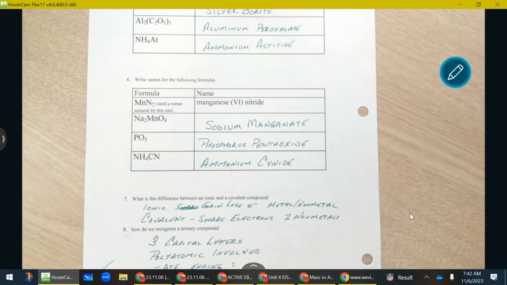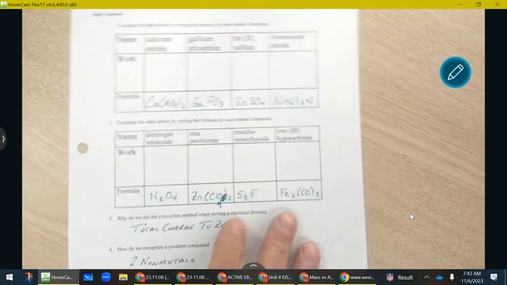So, ladies and gentlemen, today we need to get through the last piece of our naming puzzle, and that is acids. Tomorrow you will have a chance to practice on them and ask any questions before we take our test on Wednesday. Now, a majority of the test, like 60 out of the 70 points, is exactly like this.